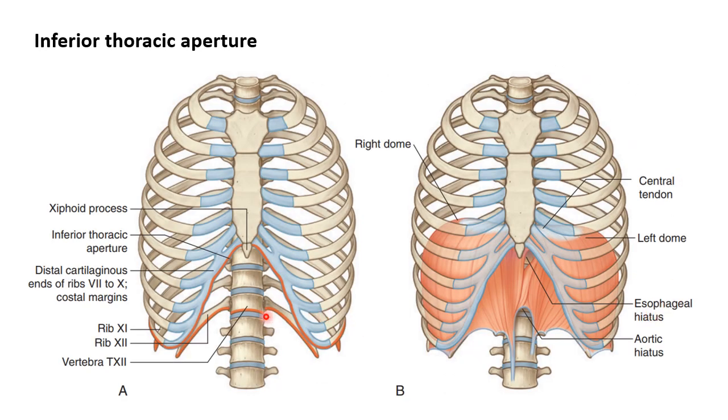The inferior thoracic aperture, however, is wider. It is bounded by bone, cartilage, and ligaments, so it is expandable compared to the superior thoracic aperture. It has the opposite direction of obliquity to the superior thoracic aperture.